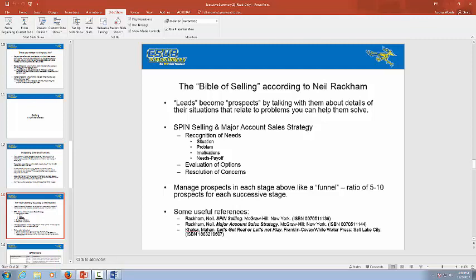Once you've asked questions that identify a problem, you ask questions that solicit the implications of that problem. What is this problem costing you in terms of money? What is this opportunity worth, potentially, if you're able to pursue it? You're asking about the implications of a certain problem.